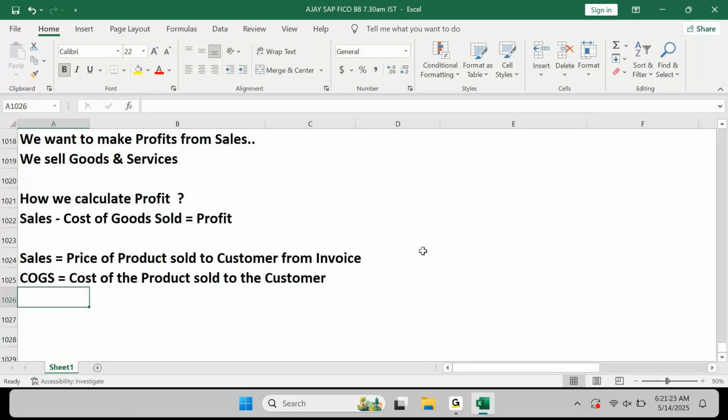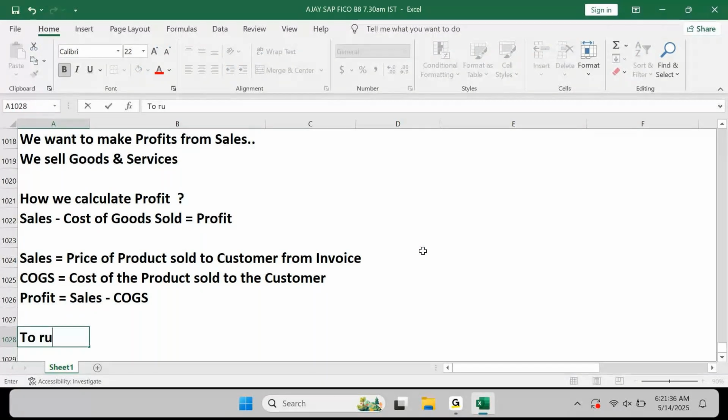And then profit is equal to sales minus COGS. Now, to run any sales cycle, we need 3 modules.